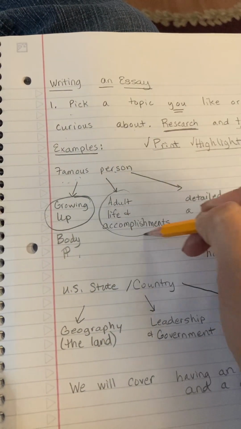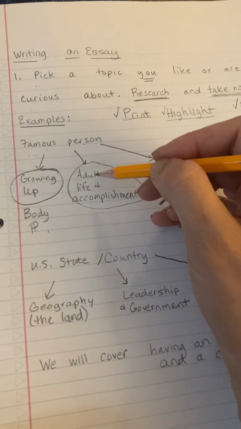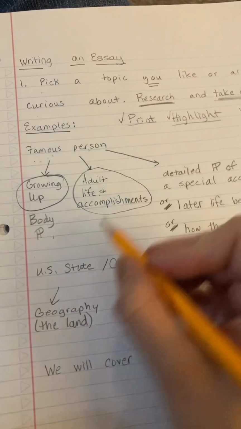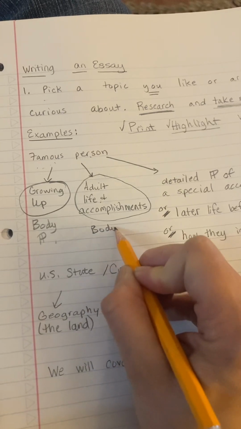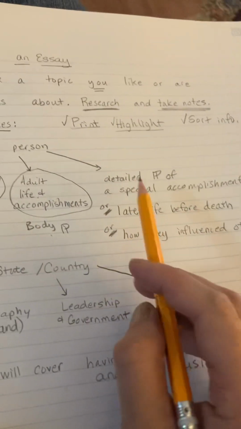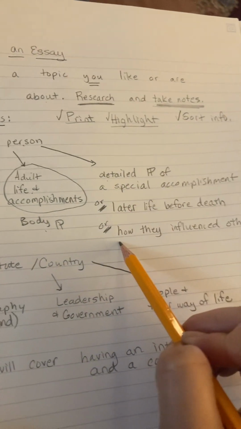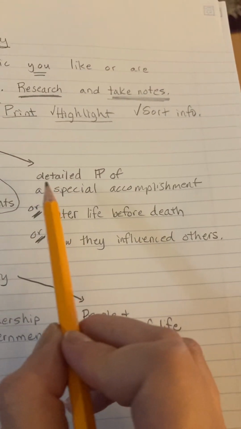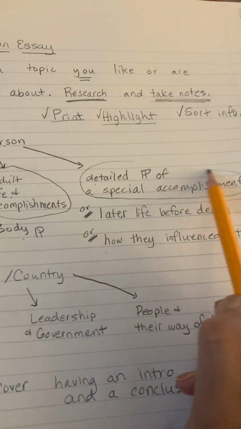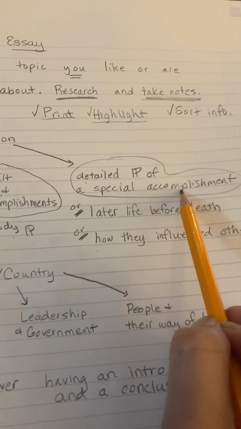The next paragraph could be talking about, well, what made them famous? What are their accomplishments? What was their adult life like? So that would be body paragraph, the second one. And then the third body paragraph, you could go several different directions with this. It really depends on the person and what info you find out. It could be a detailed paragraph about a specific accomplishment.